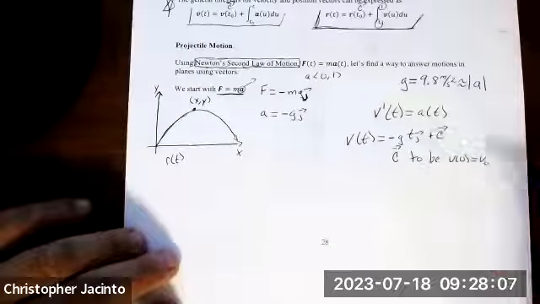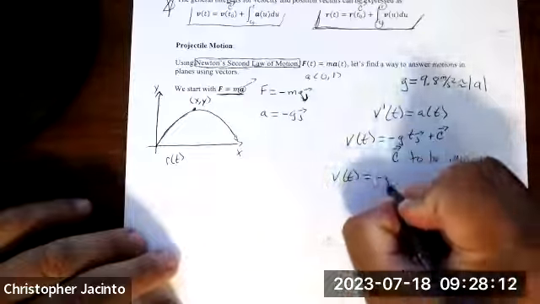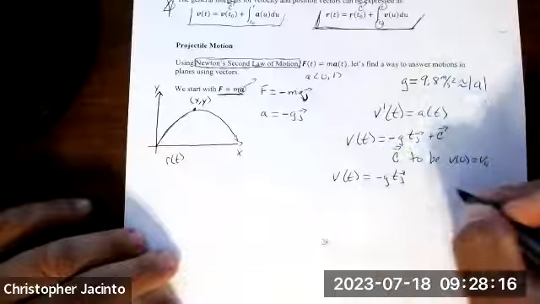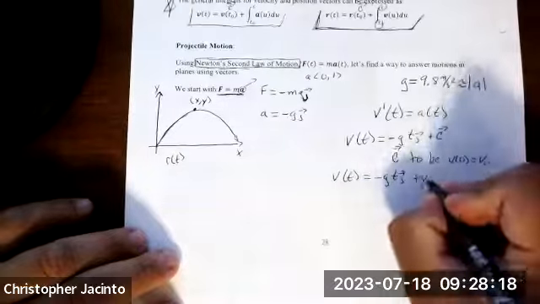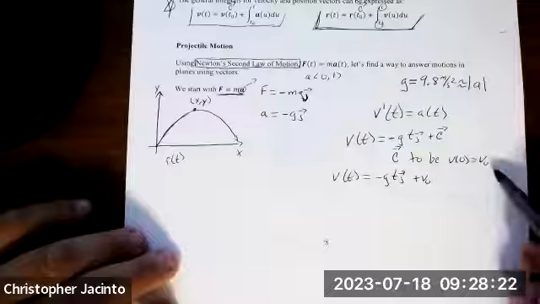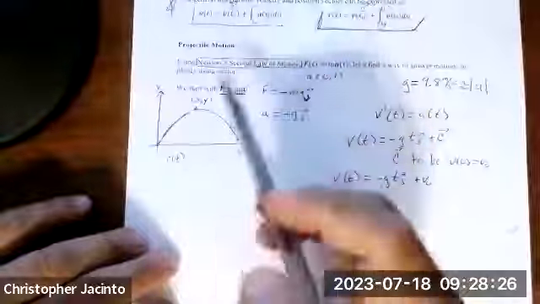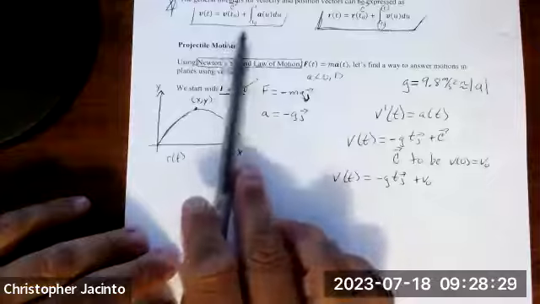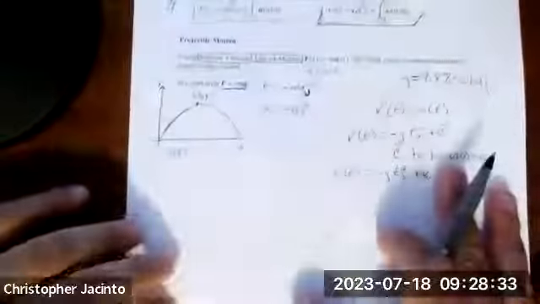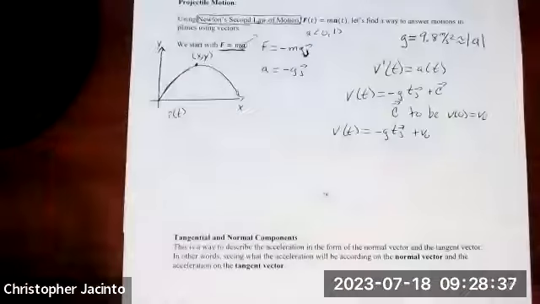So if I rewrite this now, I'll have my velocity vector is equal to minus g t j plus v naught, the vector of the initial velocity. Isn't that interesting? Isn't that just what we talked about earlier? Anyways, we're almost done. So that's our velocity vector.